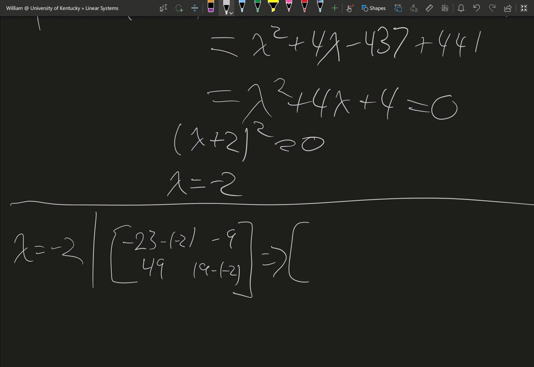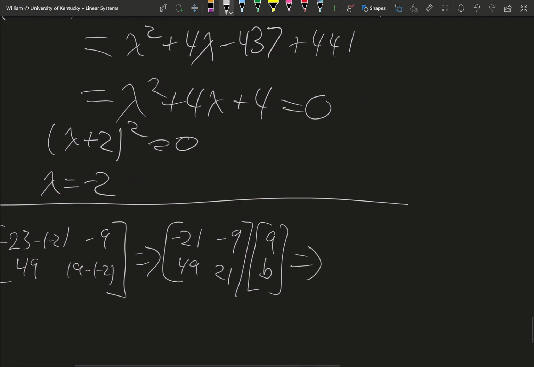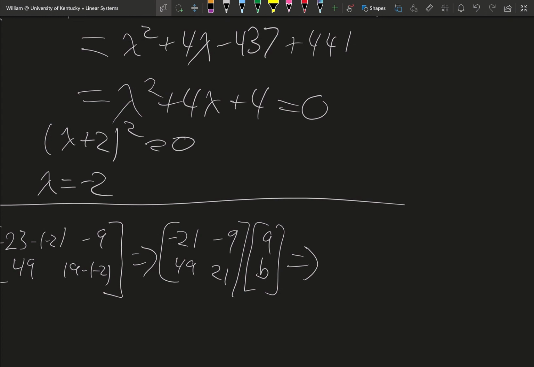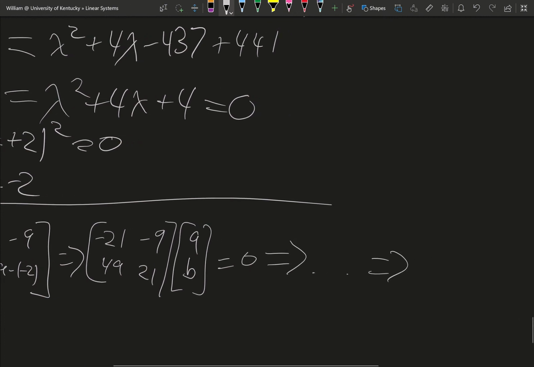We get negative 21, negative 9, 49, and 21. We're setting that equal to 0. And hopefully you guys are used to this part, and we should get our eigenvectors looking like negative 3 and 7 times some constant.